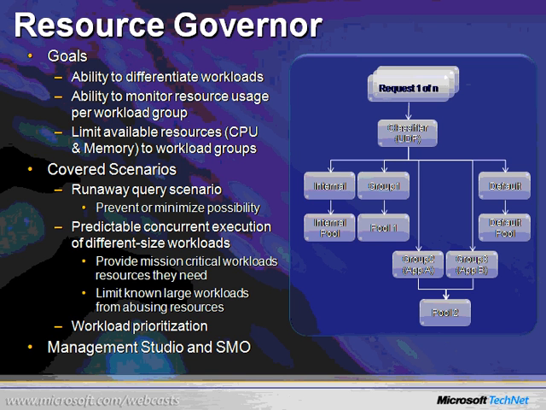This is a scenario. So if we turn our attention to the little graphic on the right-hand side, you'll see that request 1 of n is coming in, and it's coming into what we call a classifier, or a user-defined function. Think of this as a big switch statement. It's looking at the metadata for the connection, and it's making a determination of where this connection should go.